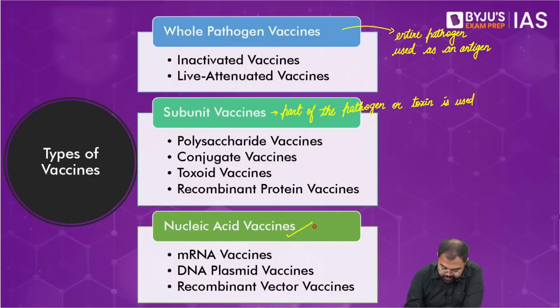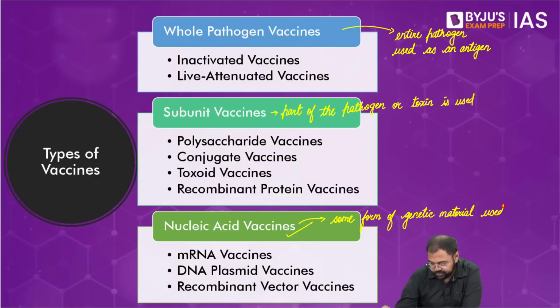And then we have the nucleic acid vaccine where some form of genetic material is used. All right, so these are some of the vaccines.